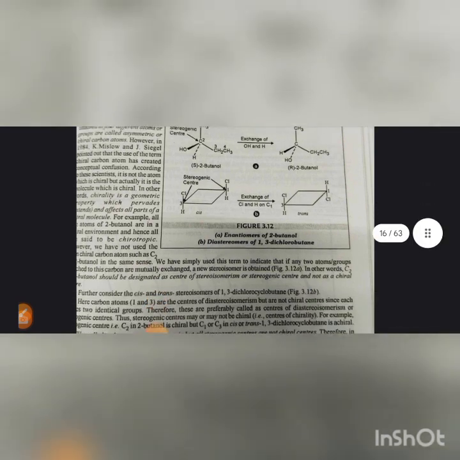According to the scientists, it is not the atom which is chiral, but actually the molecule which is chiral. In other words, chirality is a geometrical property which extends and affects all the parts of a molecule. For example, all the atoms of butan-2-ol are in a chiral environment, hence all are said to be chirotopic. However, we have not used the term chiral atoms such as C2.